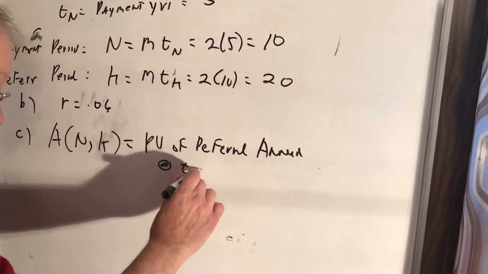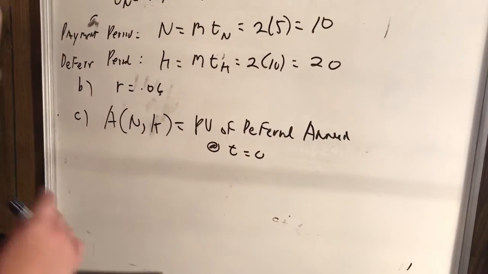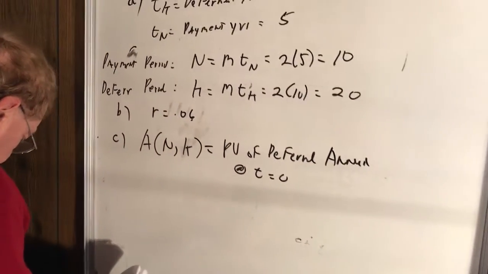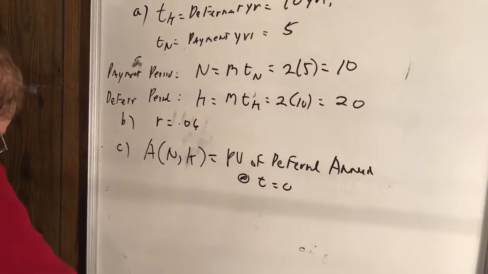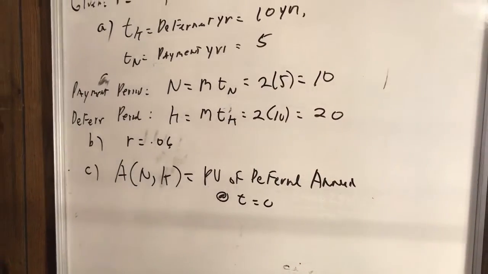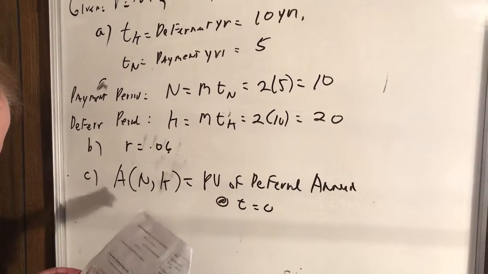At time equals 0, now this has a different formula. This was not on your formula sheet, so I have to add it.